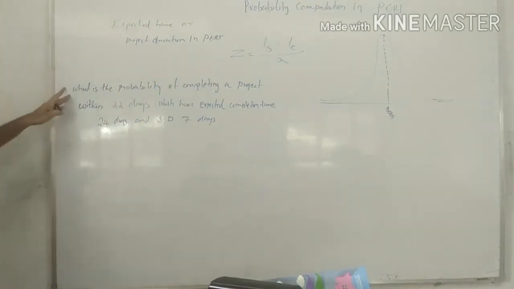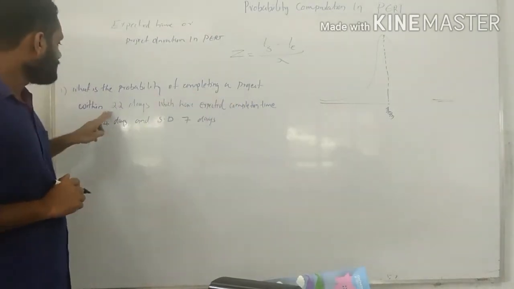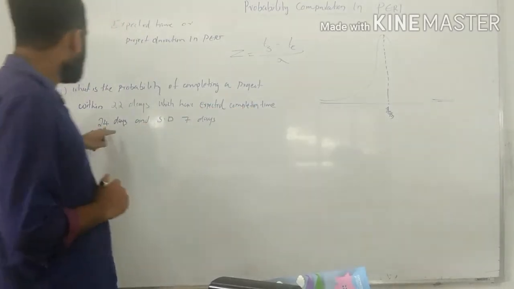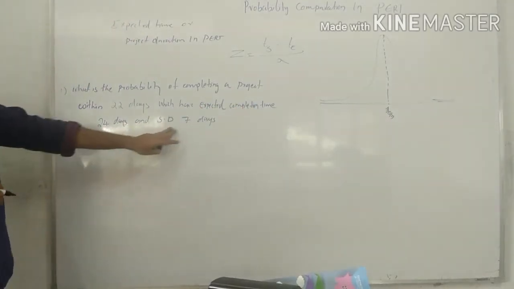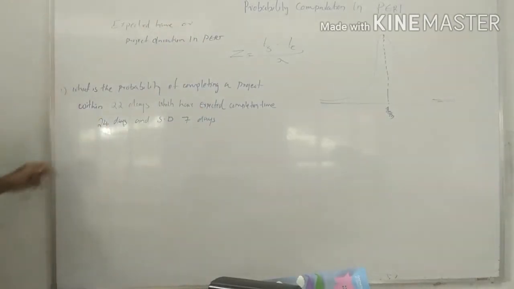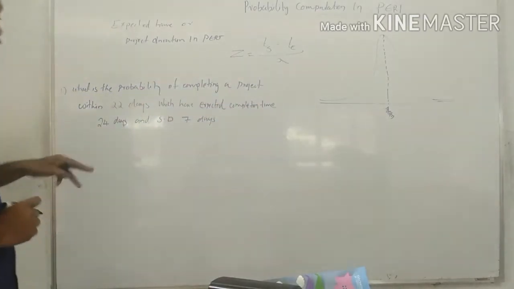See, for example, what is the probability of completing a project within 22 days, which has an expected completion time of 24 days and a standard deviation of 7 days? The expected completion time of the project is 24 days.